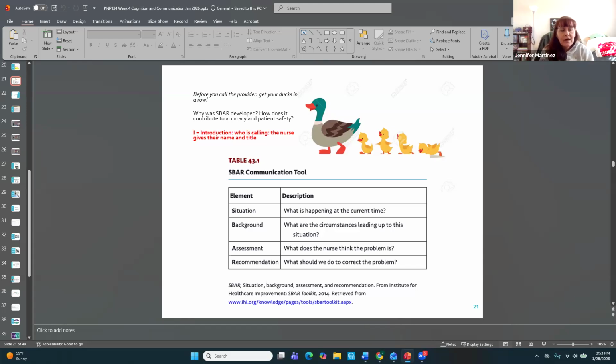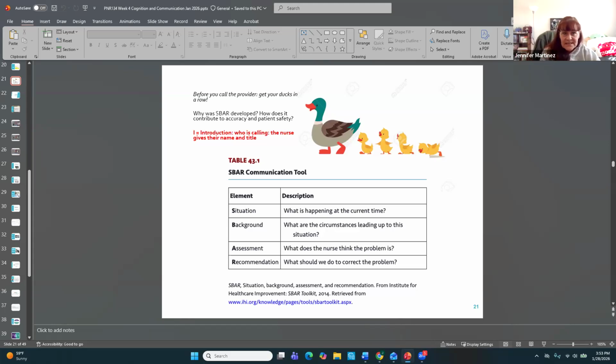So I'm just trying to think of a good one. Let's say, situation: we found Mr. Jones on the floor. The circumstances leading up to this could be, Mr. Jones had a stroke 3 weeks ago. He's here for therapy. He decided that he was going to get up or he started to ambulate.